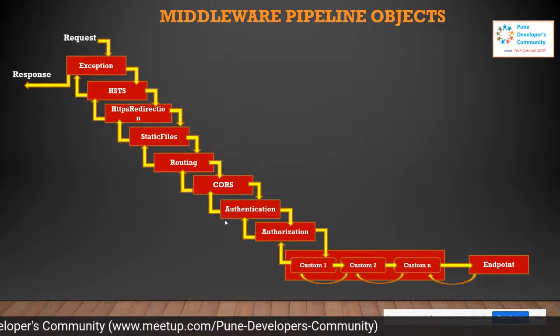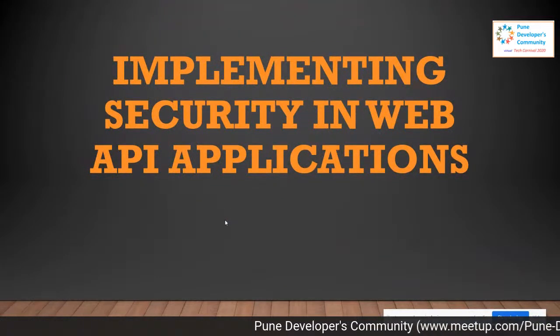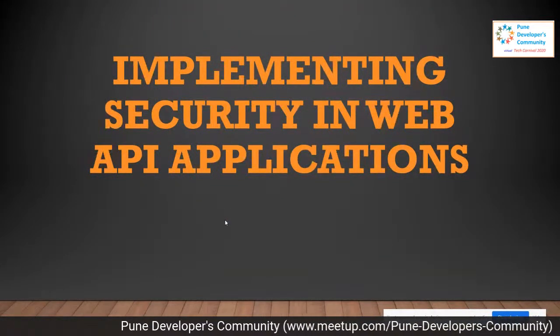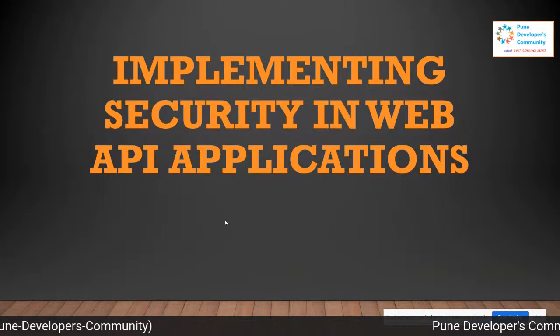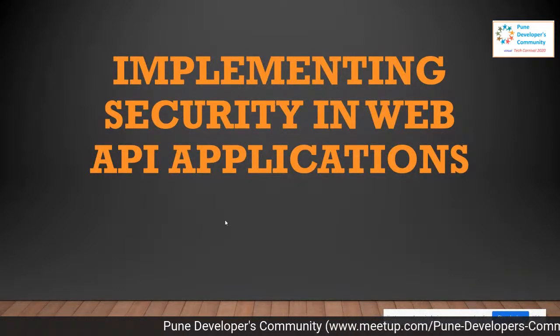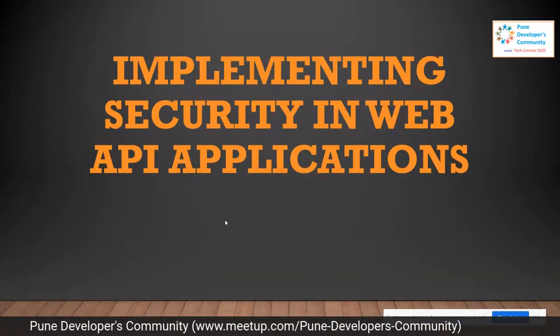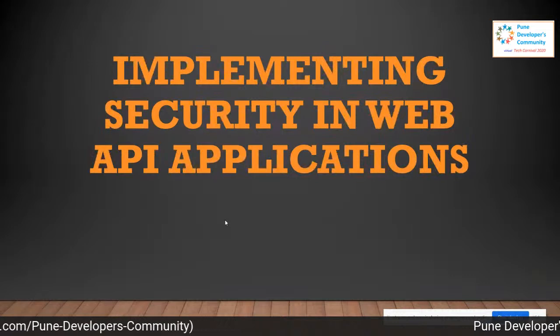So when we think of going for security implementation, we have to give more importance to this. The question is how these middlewares are used appropriately for the security implementation.